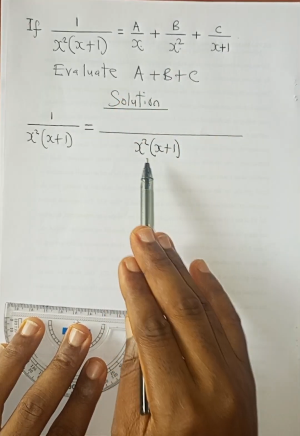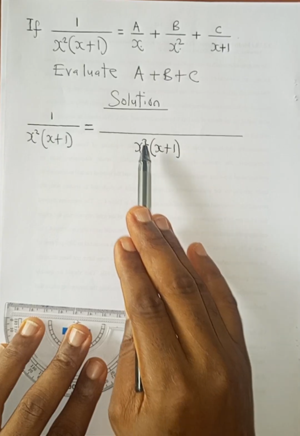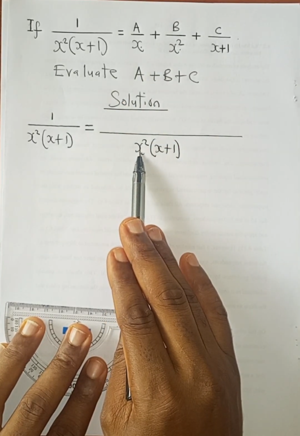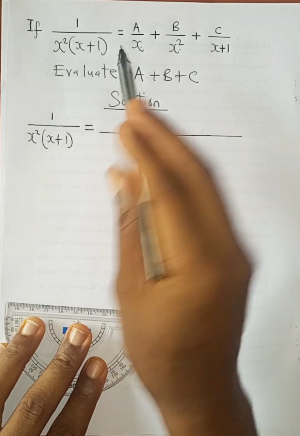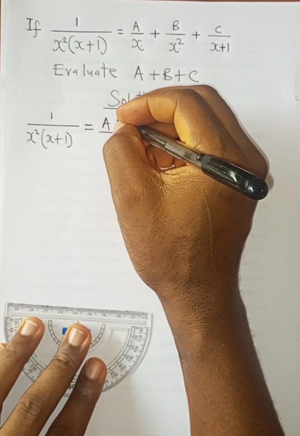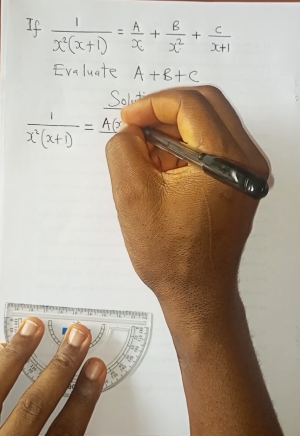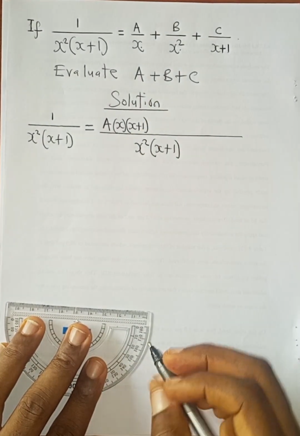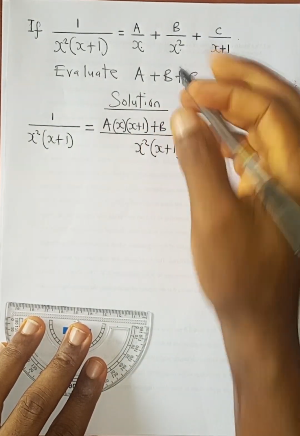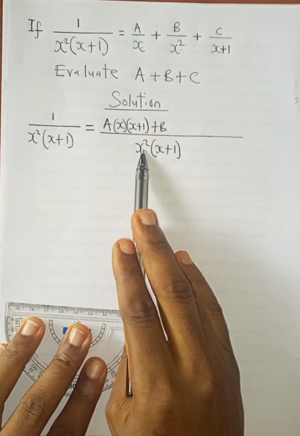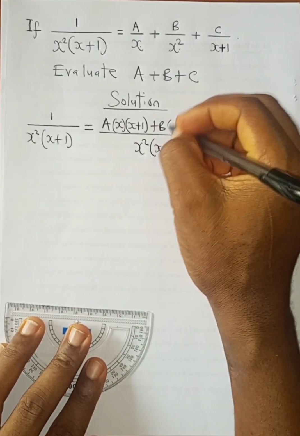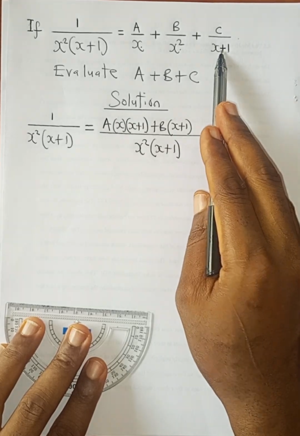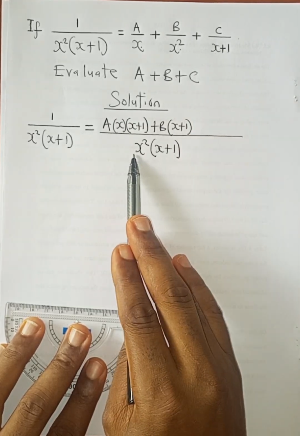So when s goes into s squared times s plus 1, this one s here will cancel one here, remaining one s here, and this times A. So here is A bracket s bracket s plus 1, then plus B. For B, this will cancel this. We are left with this times B, s plus 1. Then for C, when this one goes here, this will cancel this, remaining s squared.